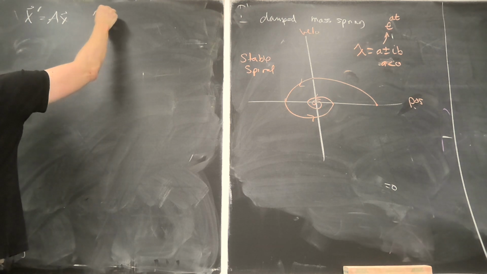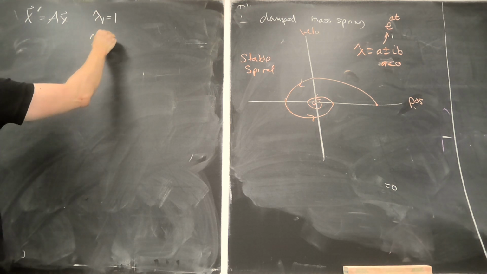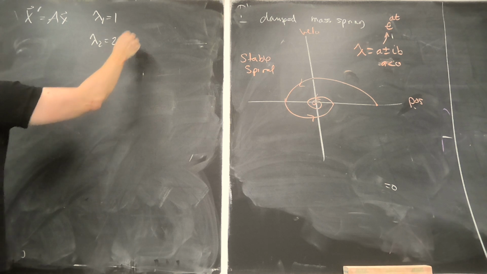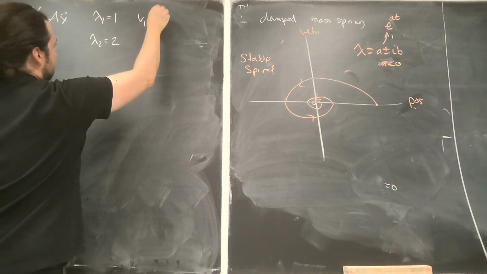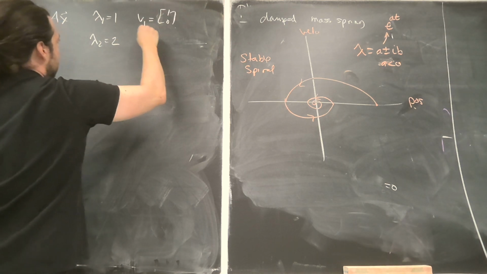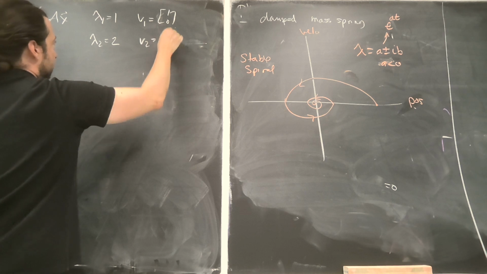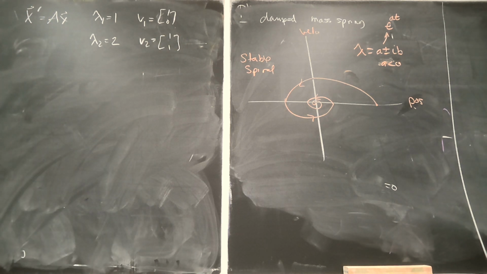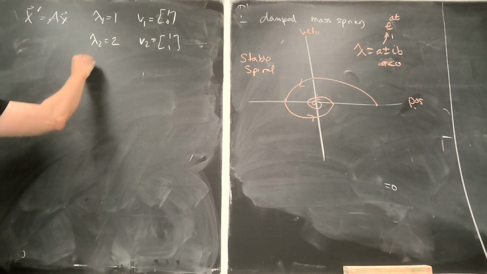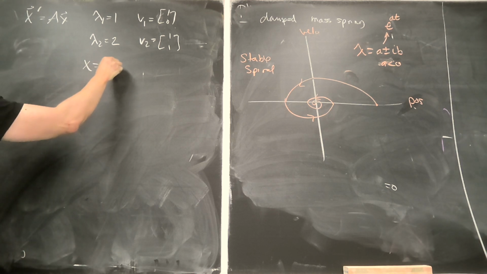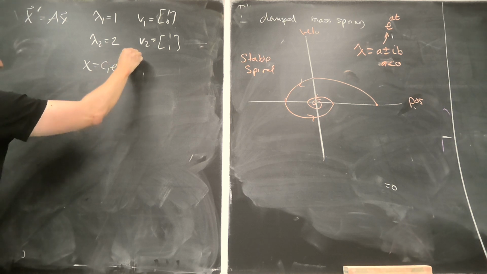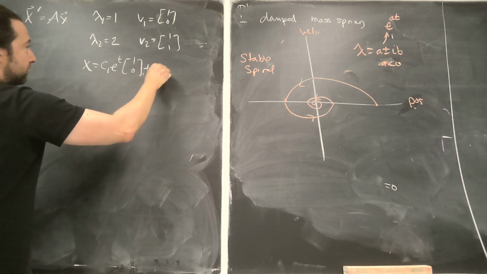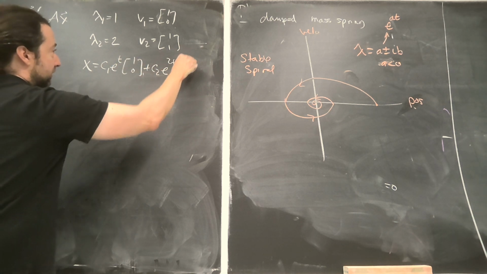How about lambda 1 is 1, lambda 2 is 2, v1 turned out to be, I don't know, 1, 0, and v2 was 1, 1. You solved some system. Those were the eigenvalues and eigenvectors of A. So you know that the general solution looks like c1 e to the t times 1, 0 plus c2 e to the 2t times 1, 1.